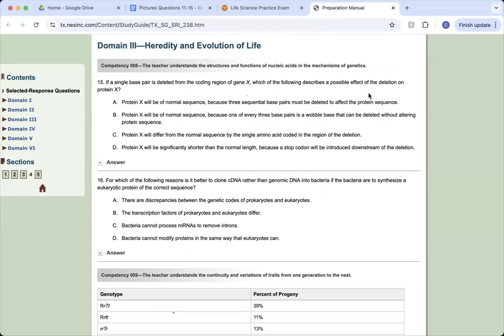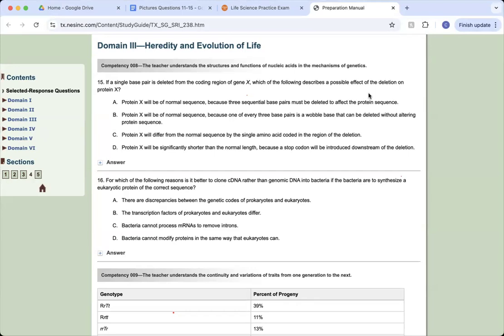Right off the bat, if we have a deletion, all the nucleotide bases are going to shift up one, which means all the amino acids are going to change. So the protein is definitely not going to be normal. So we can eliminate A and B. So now we know it's either C or D.